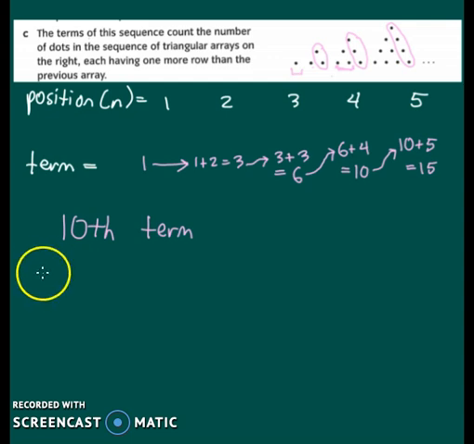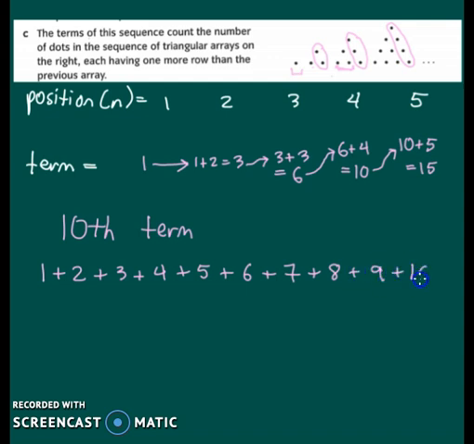So we're going to have to add them together from the beginning. Let's do that. So the 10th term will be 1 plus 2 plus 3 plus 4 plus 5 plus 6 and so on up to 10. And if you do the math, that comes to 55.